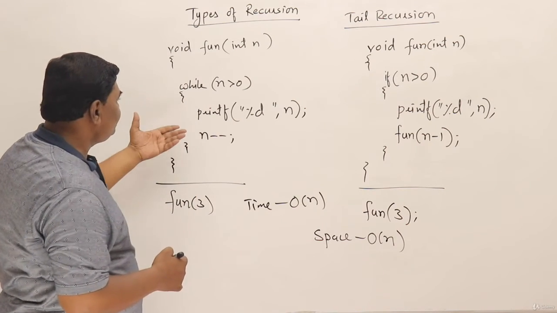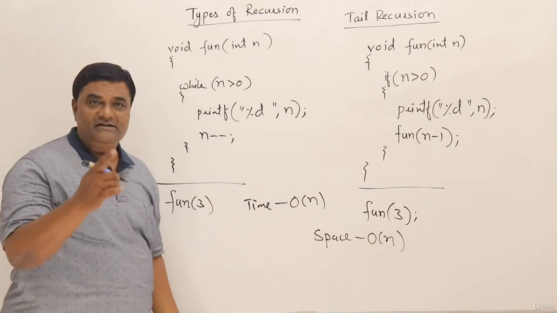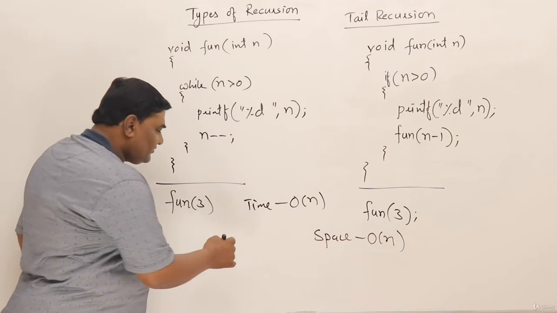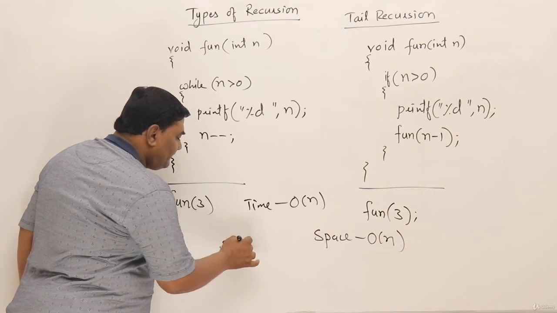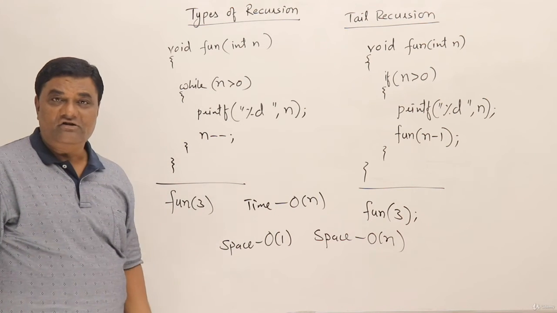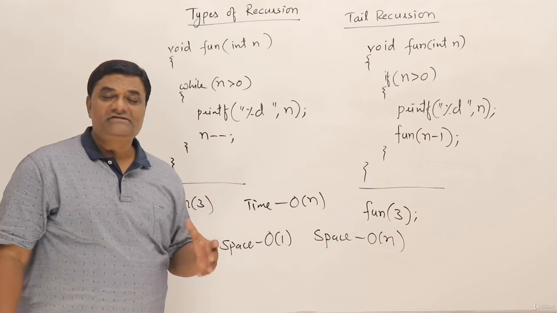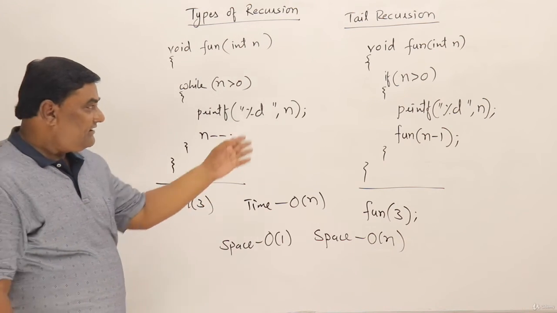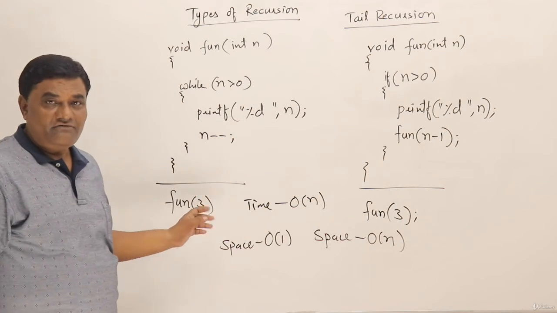This is a loop function. How many activation records will be created? Only one. It is not calling itself again. So the space complexity for this one is order of 1. It will create only one activation record. That is constant, so we say it is order of 1. So there it is order of n and here it is order of 1.